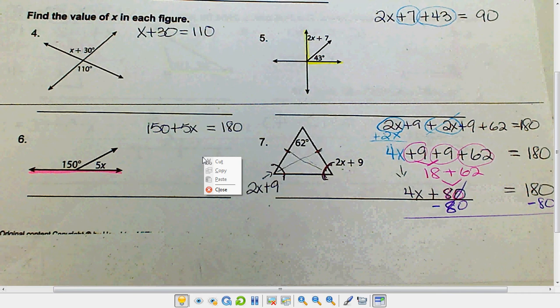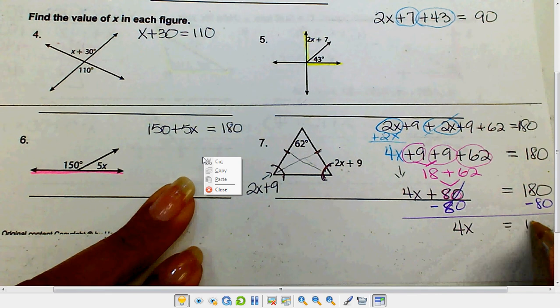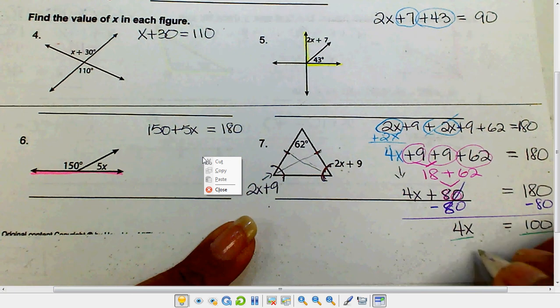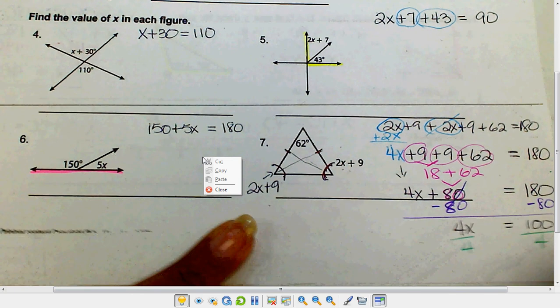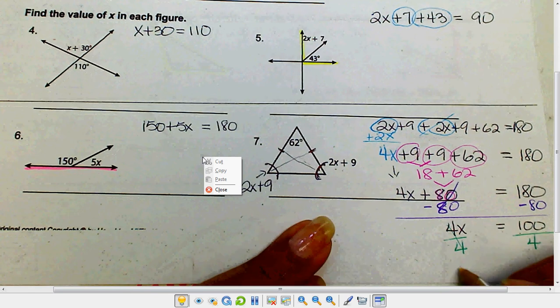So now I'm left with 4x equals 100. And you should know what to do from here. Very good. Last thing you want to do is divide both sides by 4. So those will cancel, and that leaves you with x equals 25.